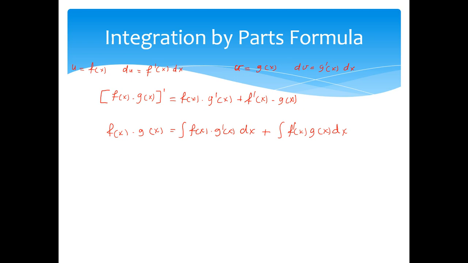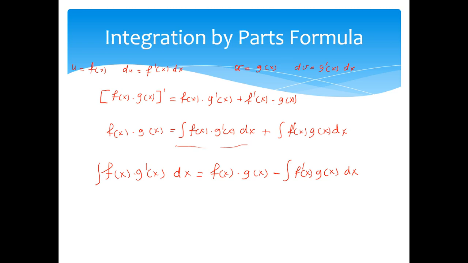So now let's solve the equation for this. Then we're going to get the integral of f of x g prime of x dx equals f of x g of x minus the integral of f prime of x g of x dx.